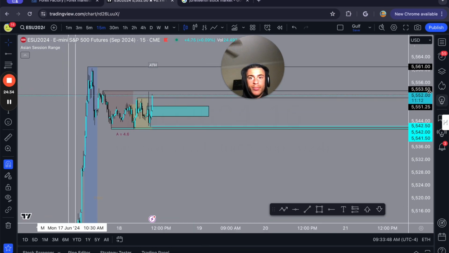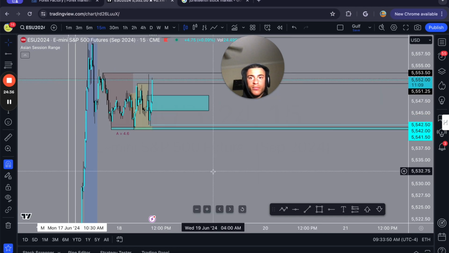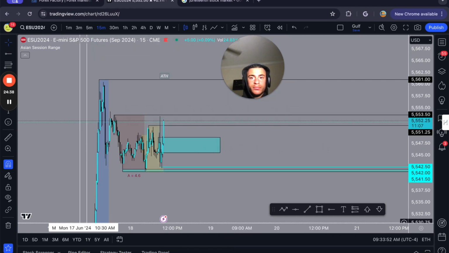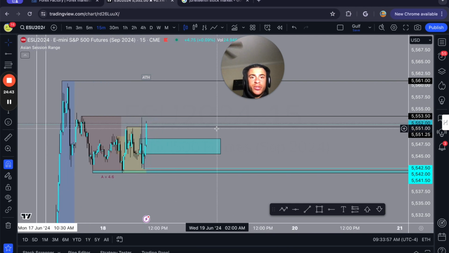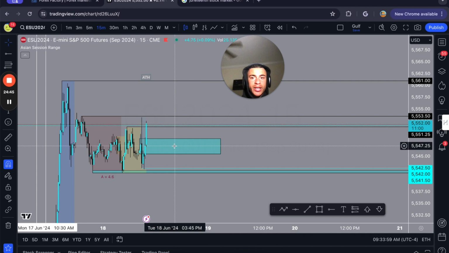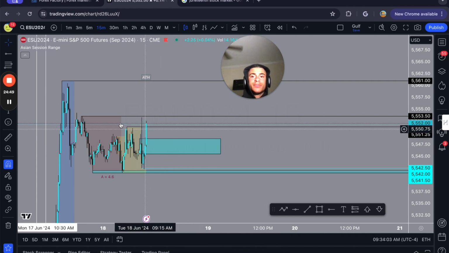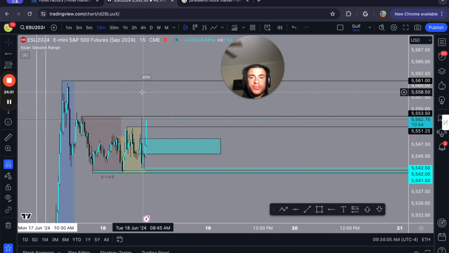So yeah, I'm looking for a break and retest currently of Asia high. And then ideally this uptrend continues, we target all-time high, and then I get out. That's my game plan. But watch for rejection, as always. Look at candle closures. Don't make any irrational moves.